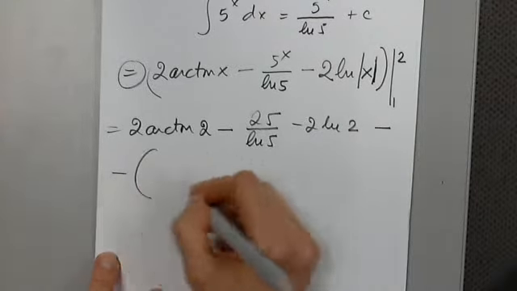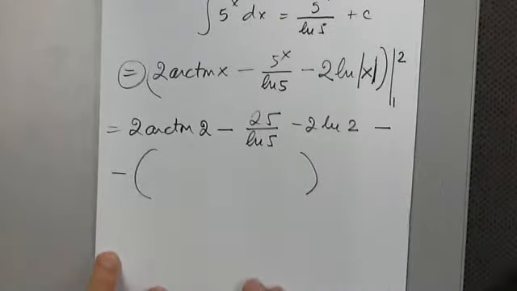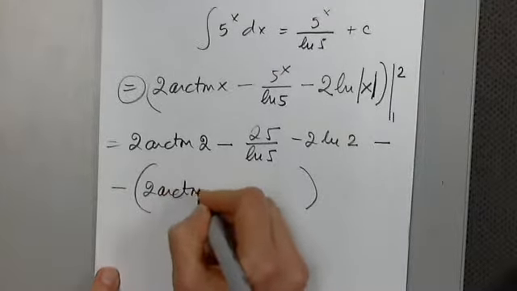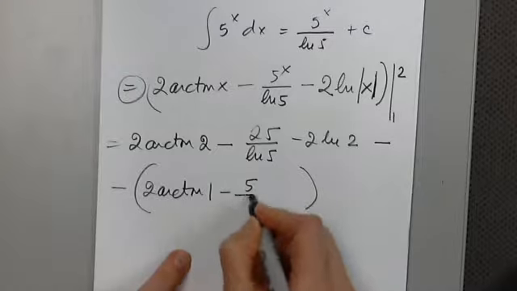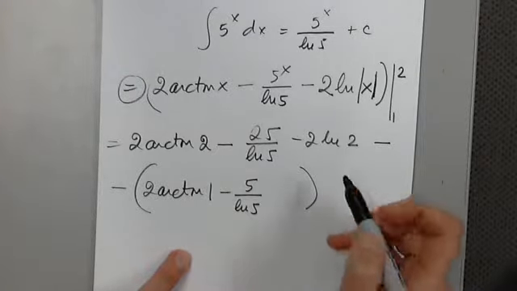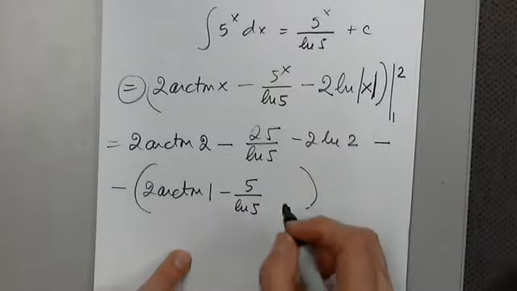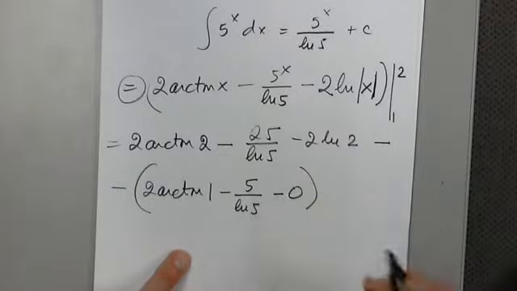Let's put everything in parentheses now so we don't forget to distribute -1 to all of them. 2 arctangent 1 minus 5 over natural log 5. And how much is natural log 1? 0. Very good, times -2 is 0. So you can write 0.